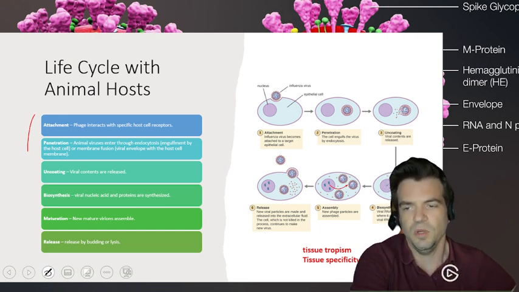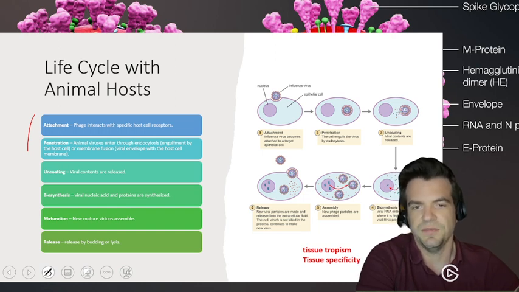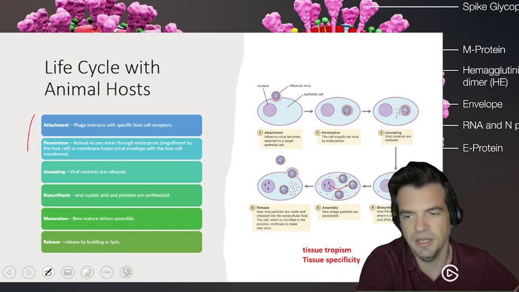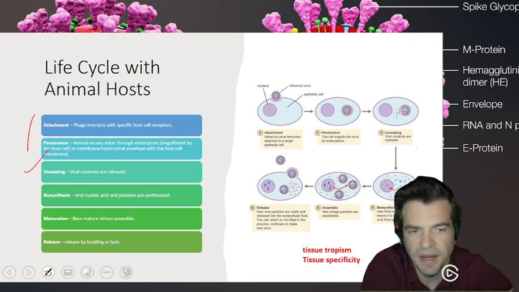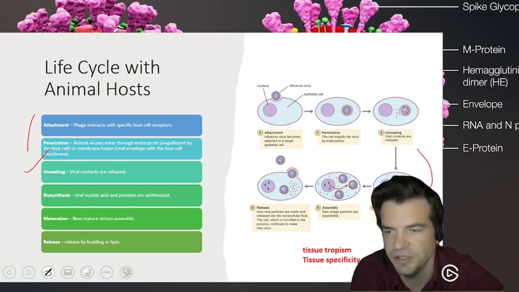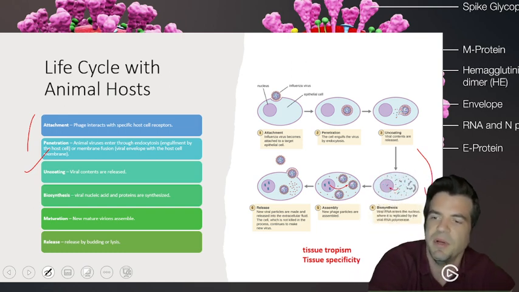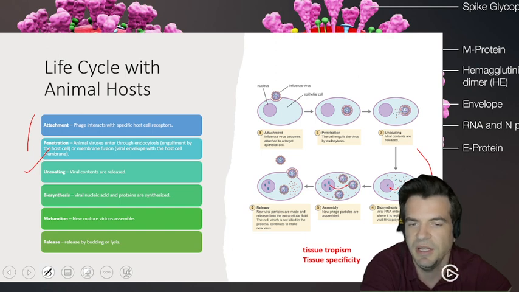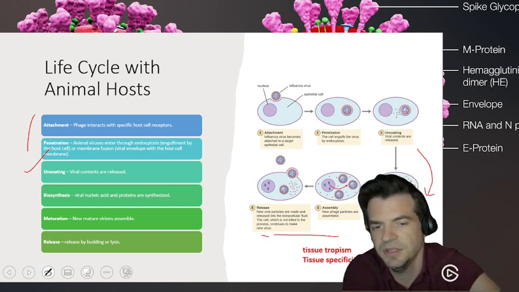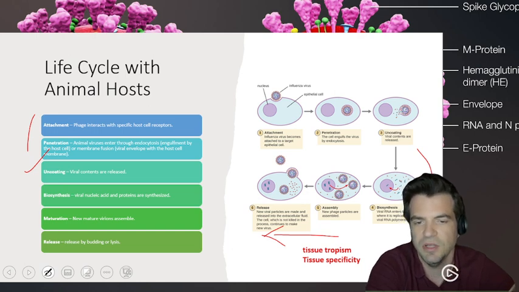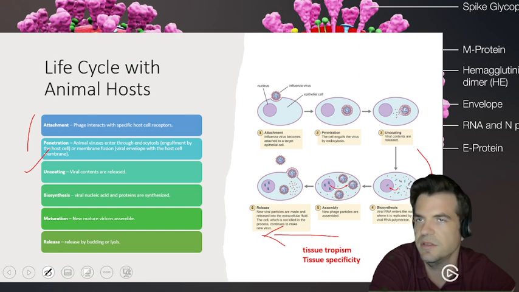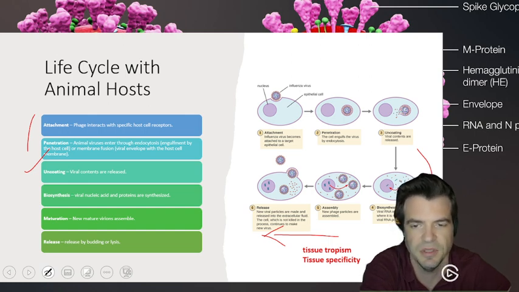So once the virus gets in a host, its viral contents get released, and now we enter the same set of steps. They just call it differently: biosynthesis, maturation, and then release, instead of lysis. And it's not called lysis because the cell is too big for the viruses typically, so it doesn't lyse them.